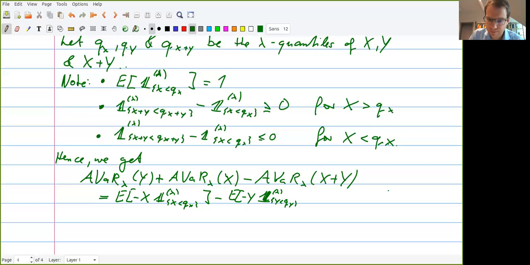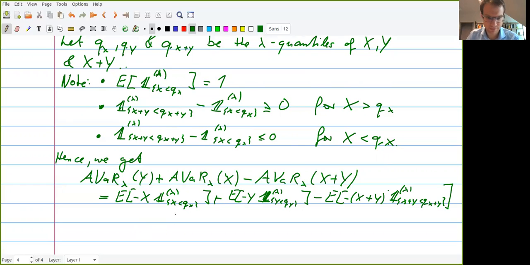Oh, that's a plus, of course. And now minus, and now we have here the same for x plus y. And of course, the indicator function here defined. All right, that's good.